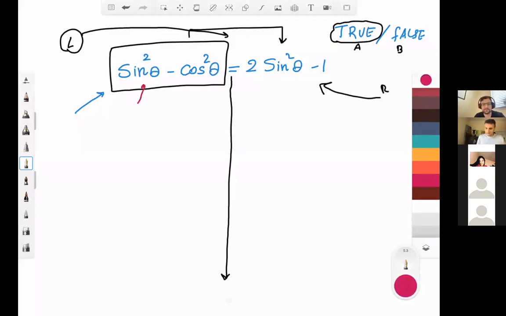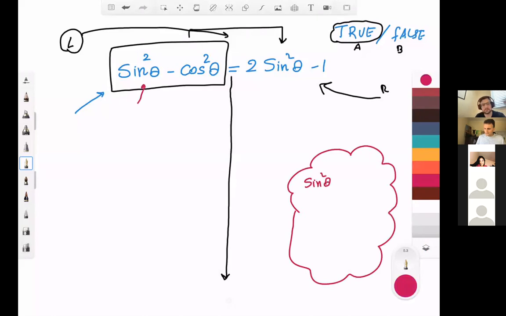So here I see sine square plus cosine square. In your note sheet, we have sine squared theta plus cosine squared theta equal to 1. We proved this, correct? But here it is negative, so we cannot say equal to 1.